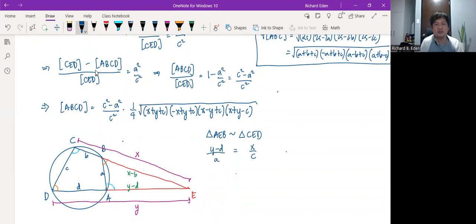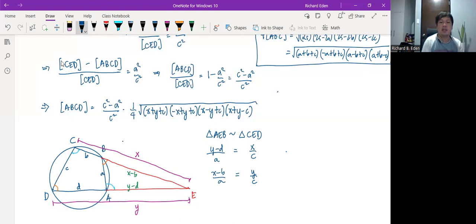And then from CED, y over c, what's the corresponding ratio for triangle AEB? x minus b over a. Okay, x minus b over a.